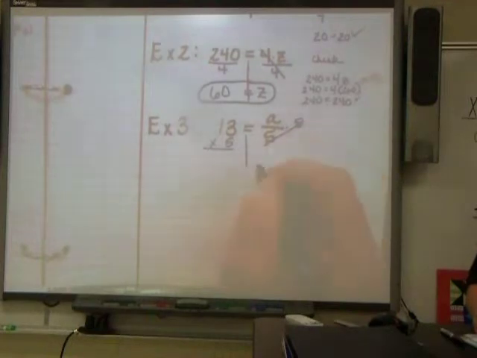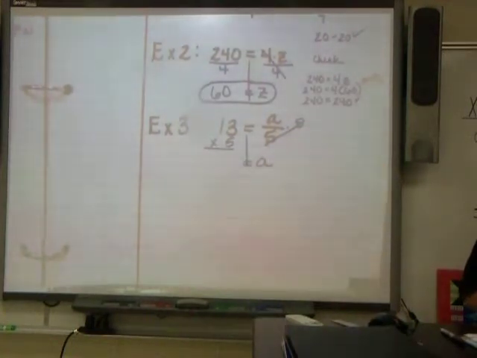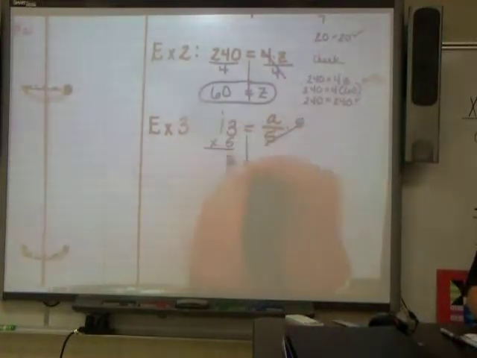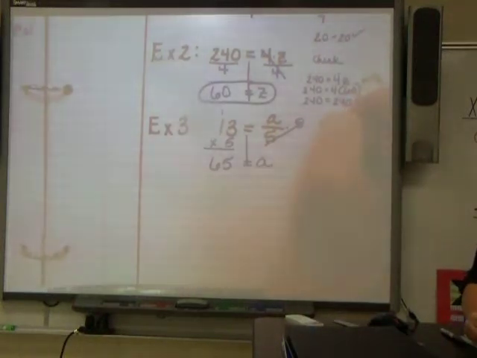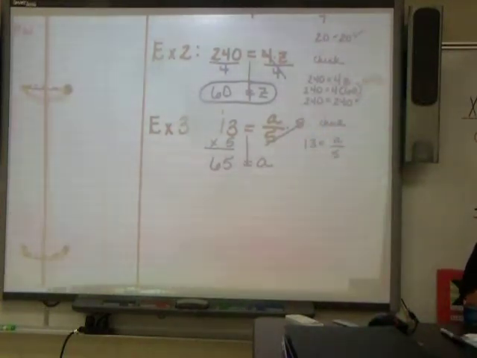This reduces down to 1a. 13 times 5 is 65. I'm going to check it. 13 is equal to a divided by 5.